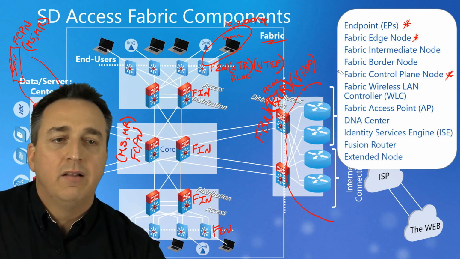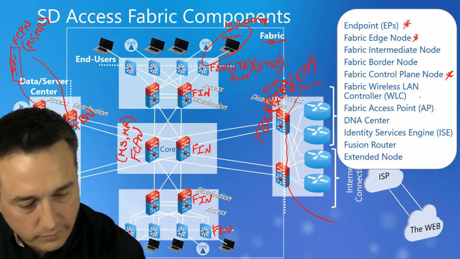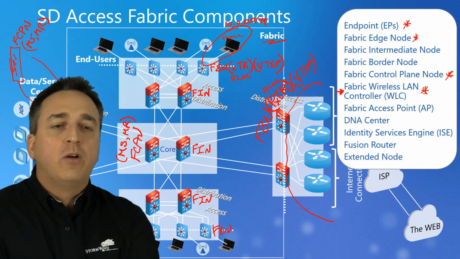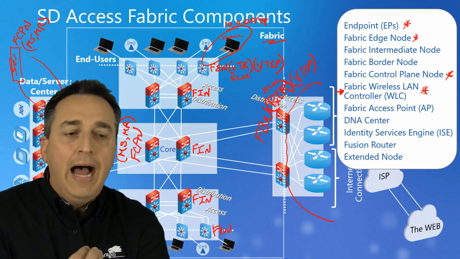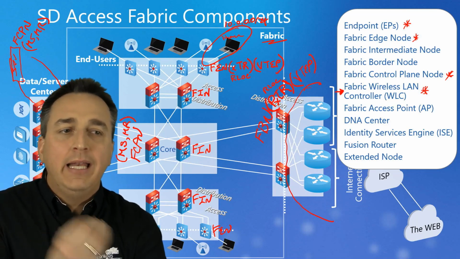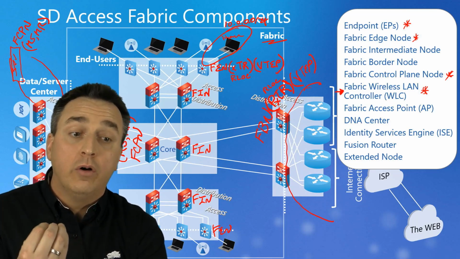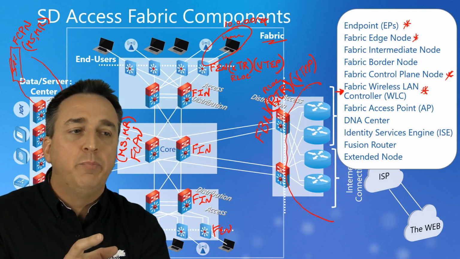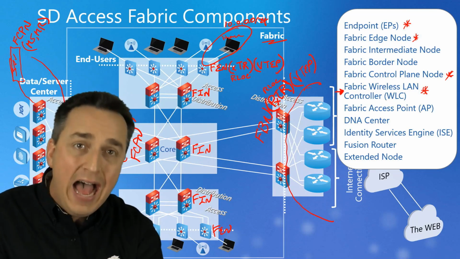Fabric wireless LAN controller. So the fabric wireless LAN controller would be what? A wireless LAN controller that is fabric enabled and therefore is part of your physical underlay, but it has the ability to manage the fabric-enabled access points that you have.